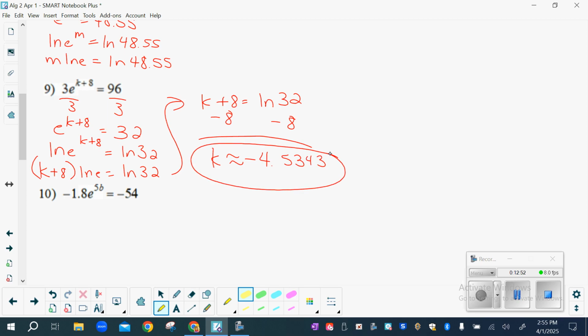Where'd you get that from? So you want to find the natural log of 32 first, and then subtract 8. So what is natural log of... So I skipped that. Yes. If we use natural log, it is.